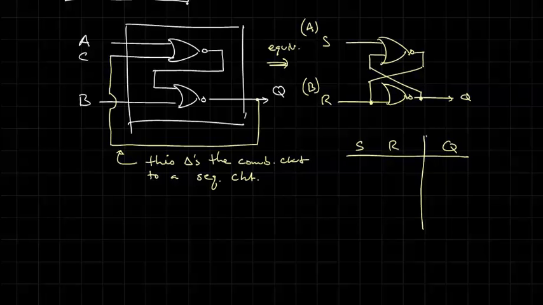If either input of a NOR gate is high, then the output is low. So I can already fill a couple of these in pretty easily.